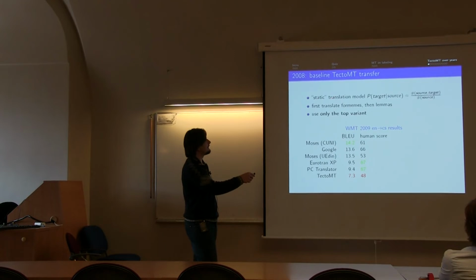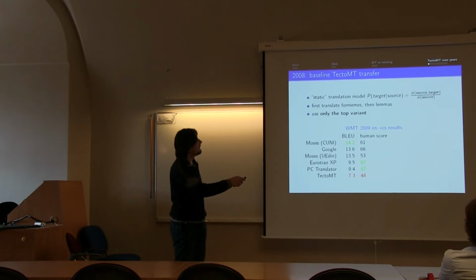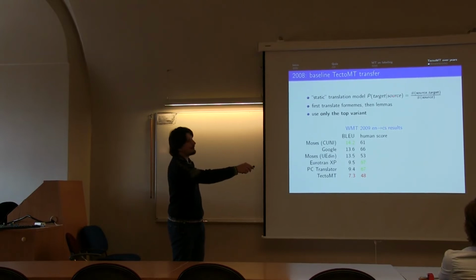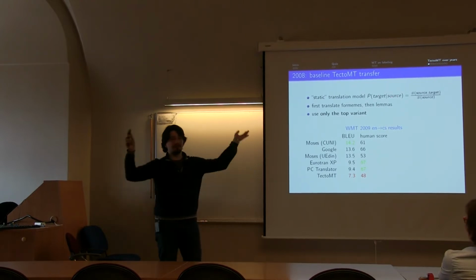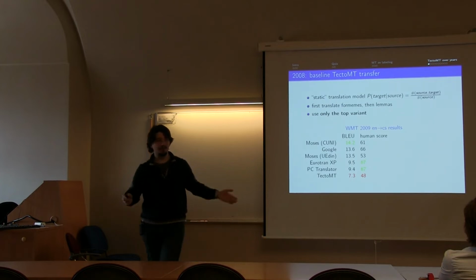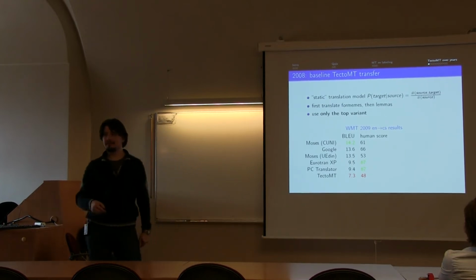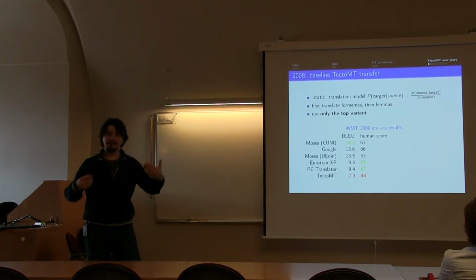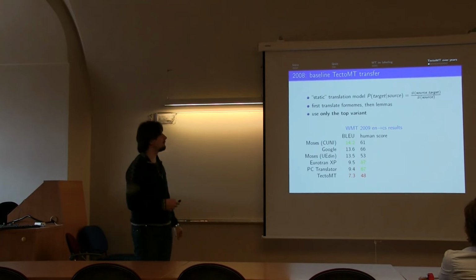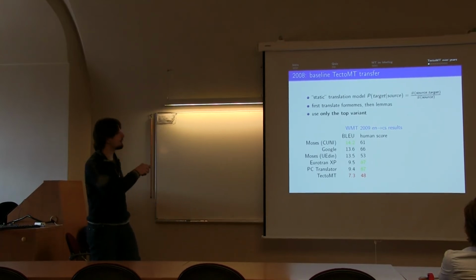We call this static because it's just dependent on the source lemma: the probability of the target lemma given the source lemma, independent of the rest of the sentence. So it's not context sensitive. Therefore, we call it static. It always gives the same translation distribution.